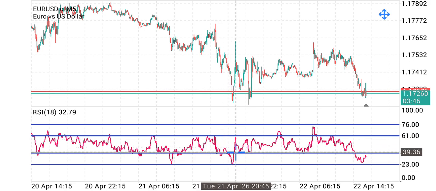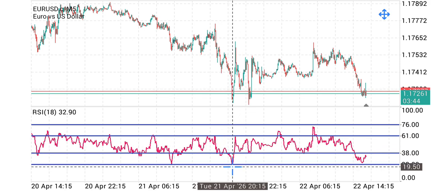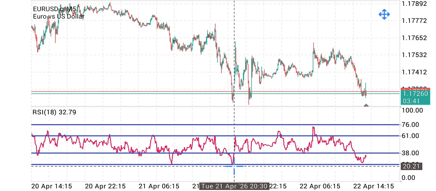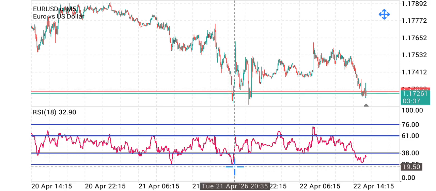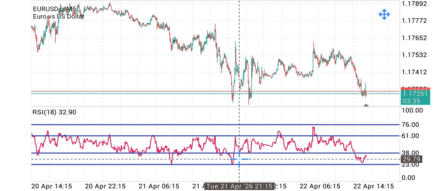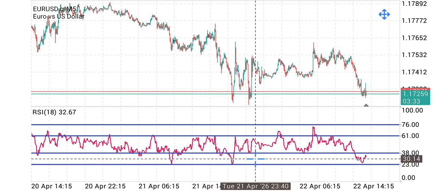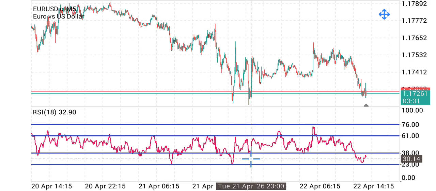The market resisted here, on the level 23. When the market was resisting, we had what we call consolidation, up until 12 o'clock when the market is opening.